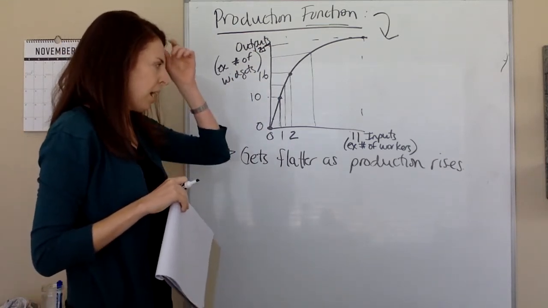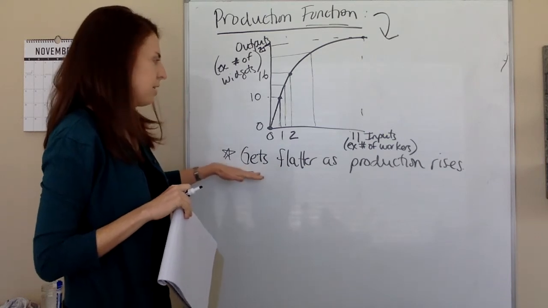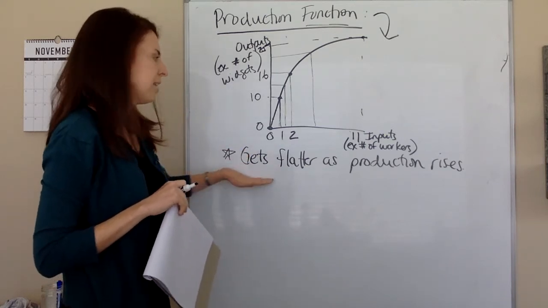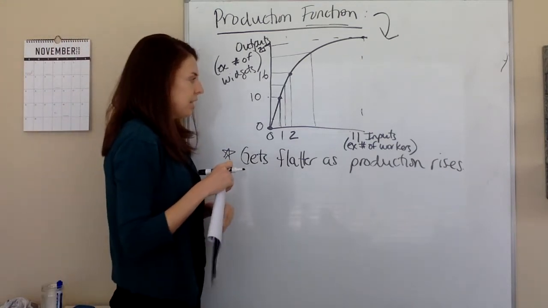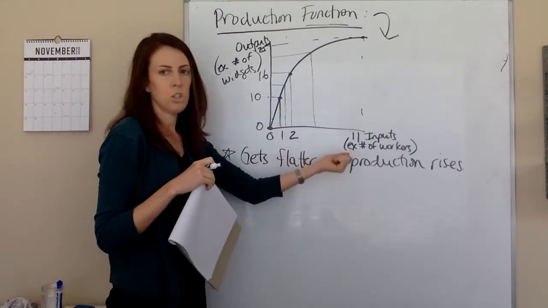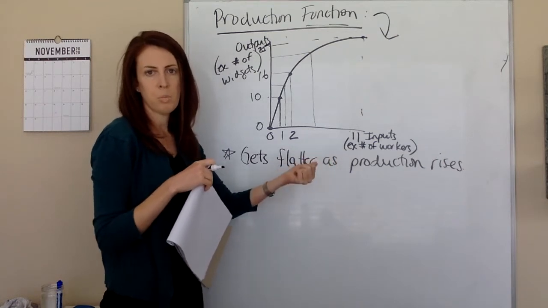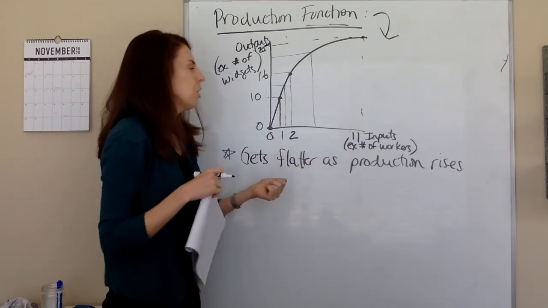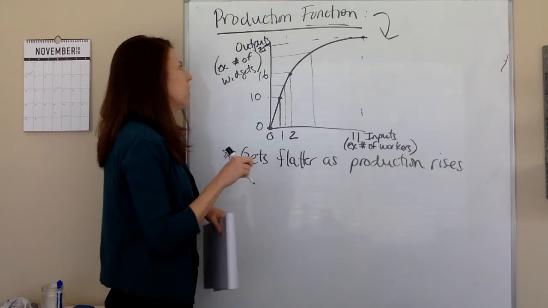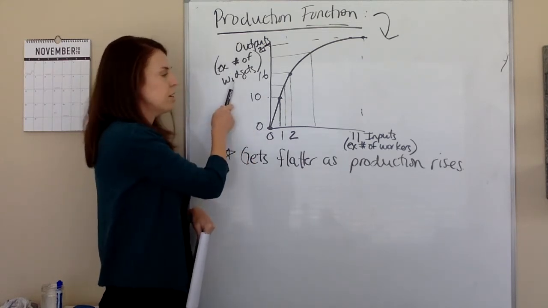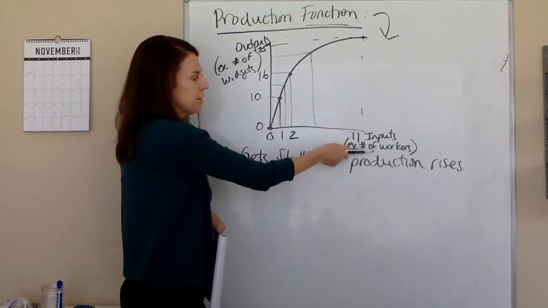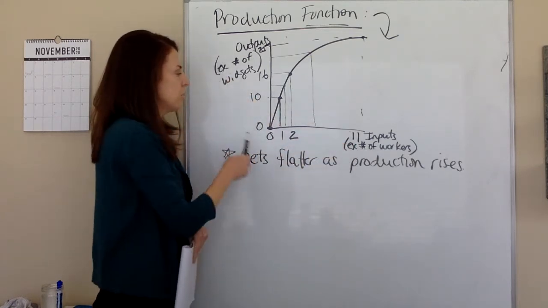Okay, let's think about why this curve is characterized by concavity. Why does it get flatter as production rises? The intuition is the more inputs you have, the more you run into this problem of too many cooks in the kitchen. Suppose we're thinking of a factory where they're making widgets and you need workers in the factory to produce the widgets.